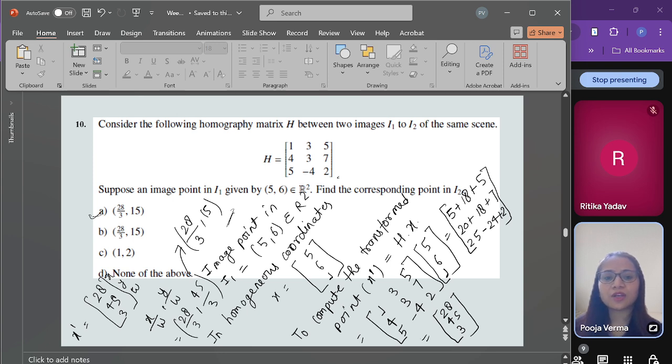For that, we simply add 1 to make a homogeneous coordinate, and then compute H into x using this formula to get the transformed point. Just multiply it, and then convert back into real space. You will get the point that corresponds to the point in I2. Okay, I hope you have understood this question. Now we are moving to the next question.